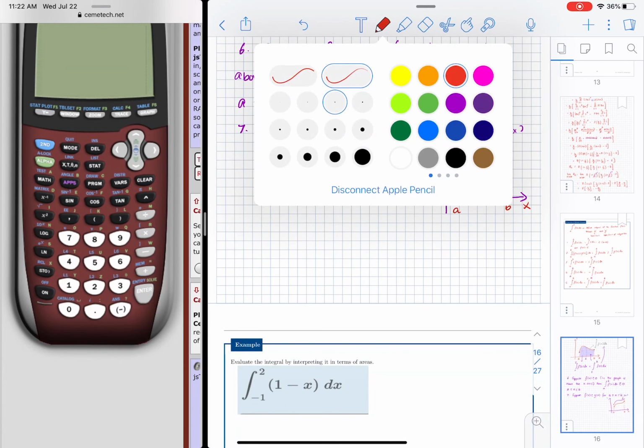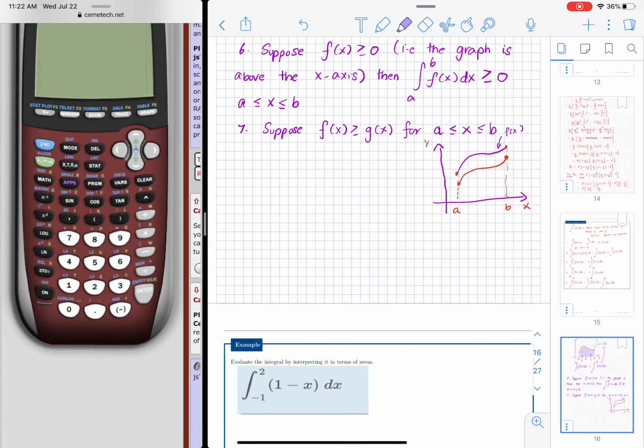So the area under f of x is that. The area under g of x is that.